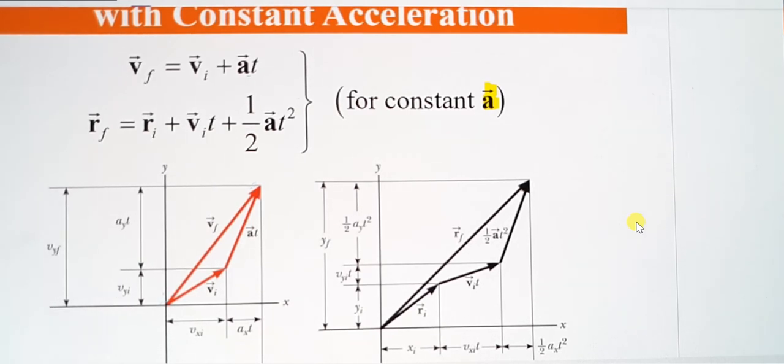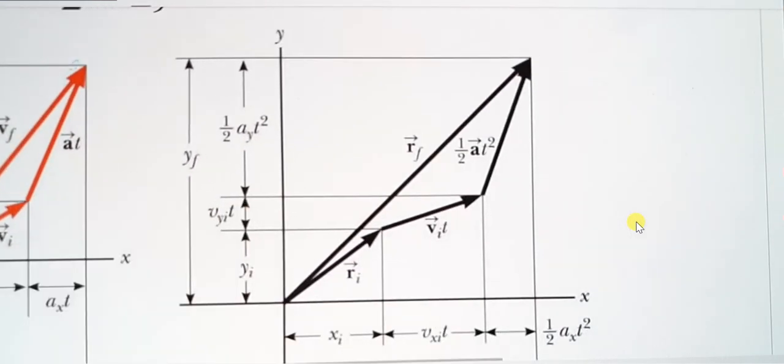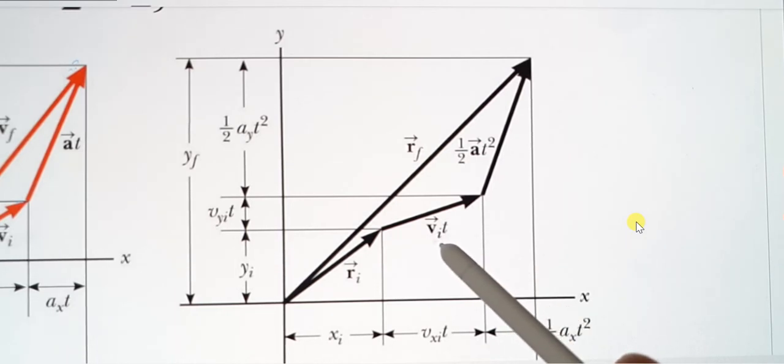Thank you for asking, Ahmed. How can you plot distance, speed, and acceleration on the same graph? That's not the case. Notice, what's the dimension of R initial? It's meter. VT, notice, is meter per second multiplied by second, so it's also meter.